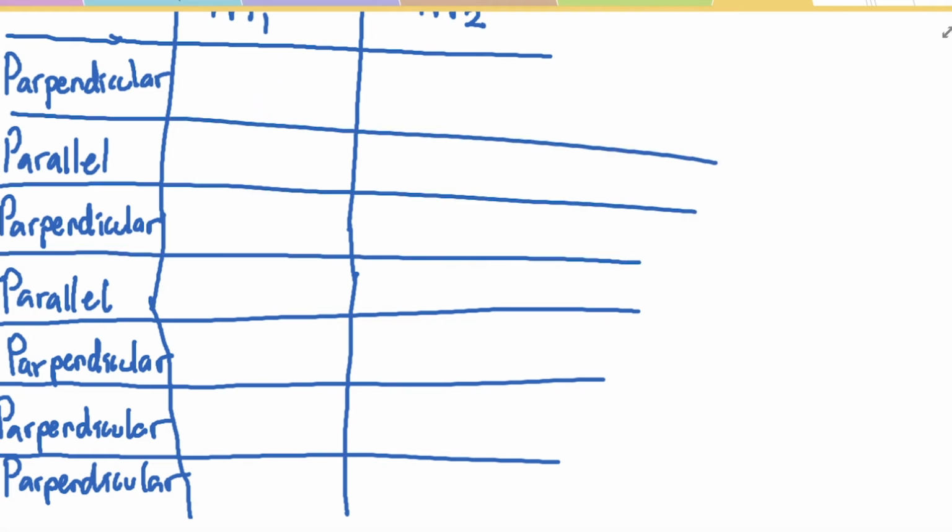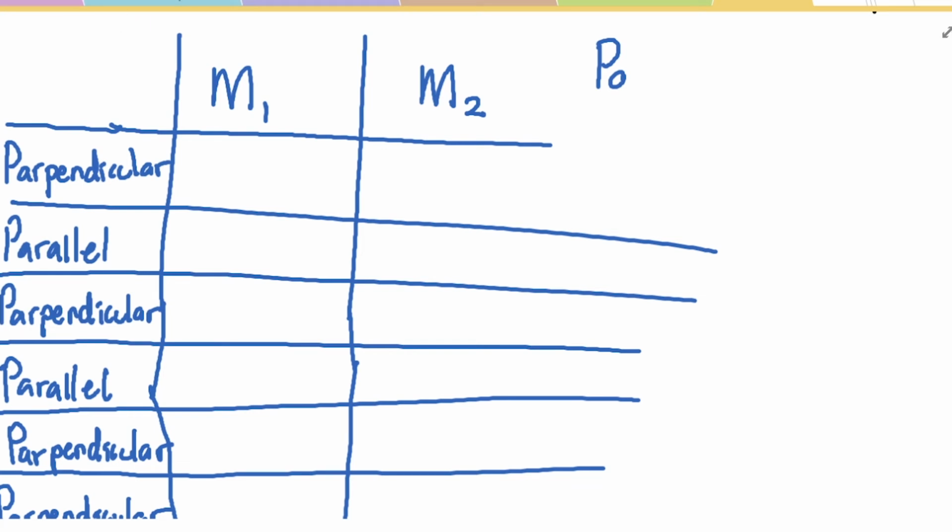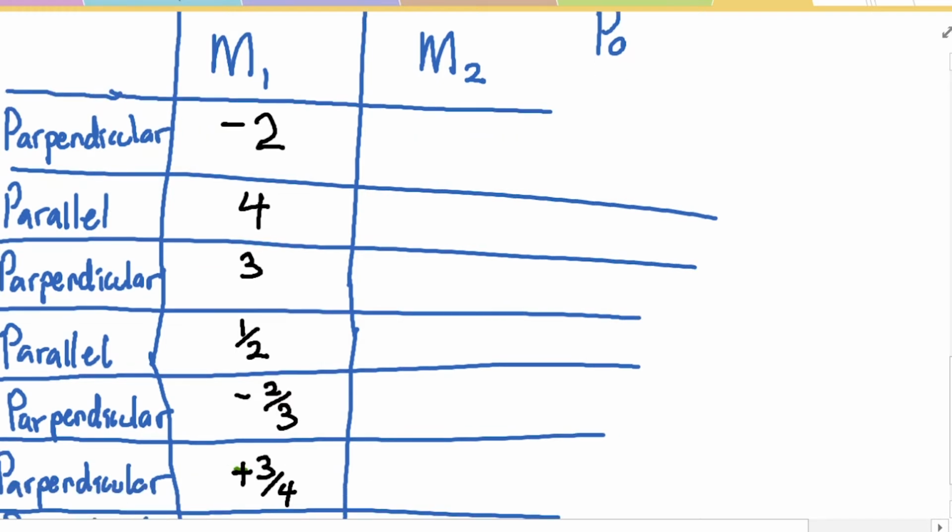We have line M1, let's say it's -2, 4, 3, and let's call this a half. So let's just do a simple exercise here. You can pause the video and try this out. Try and give me the answers to these, just to make sure that you're on par.